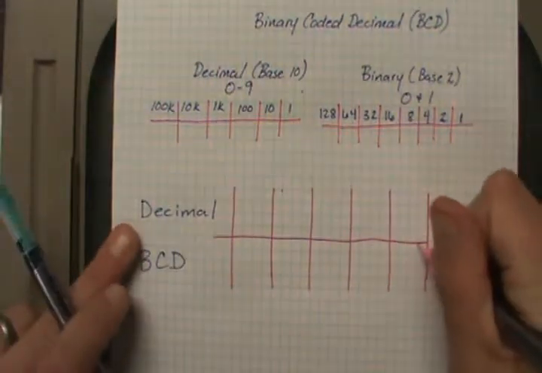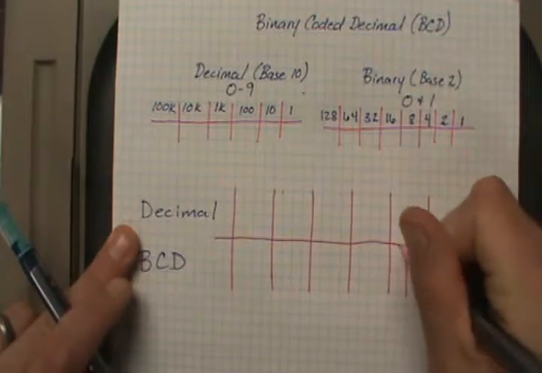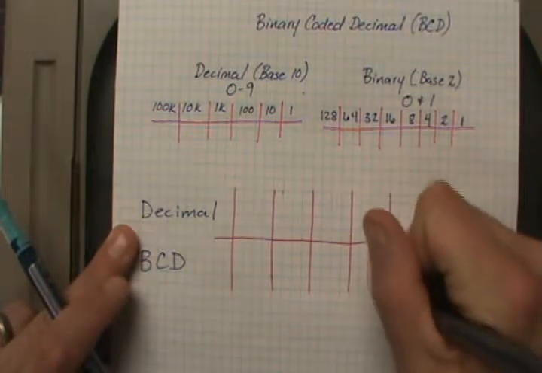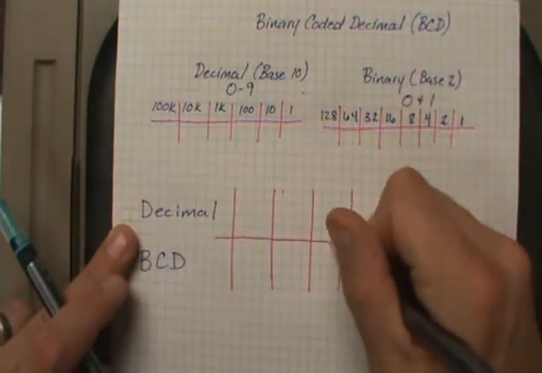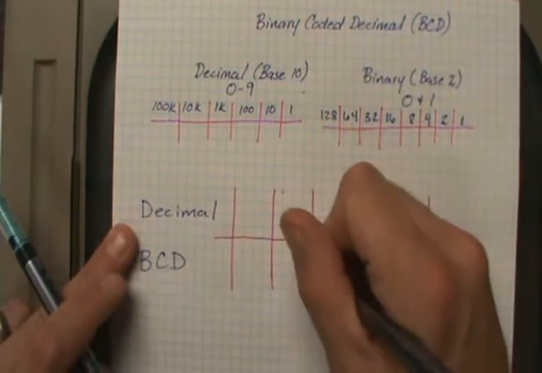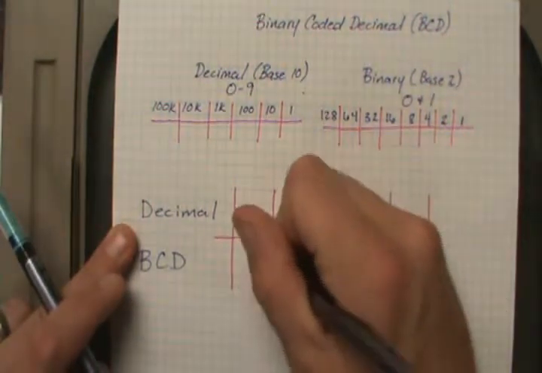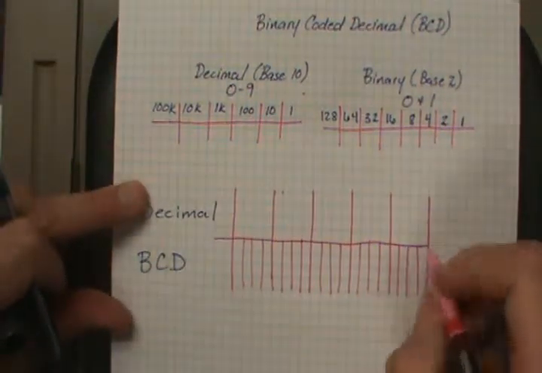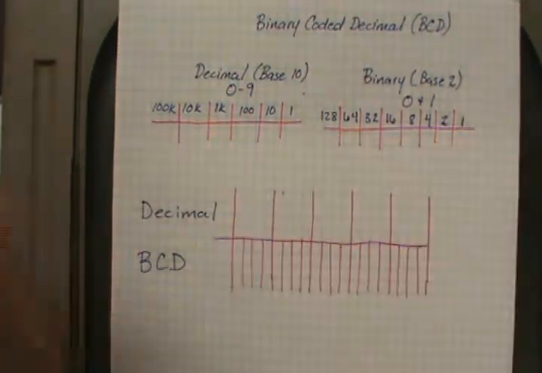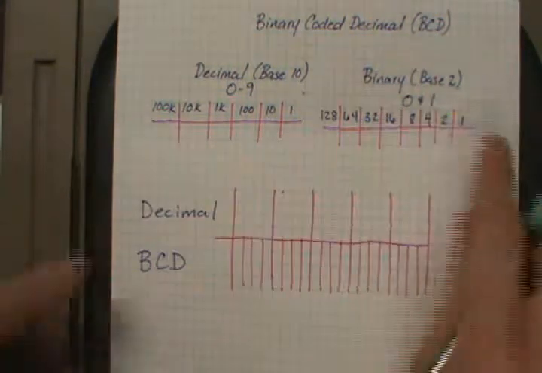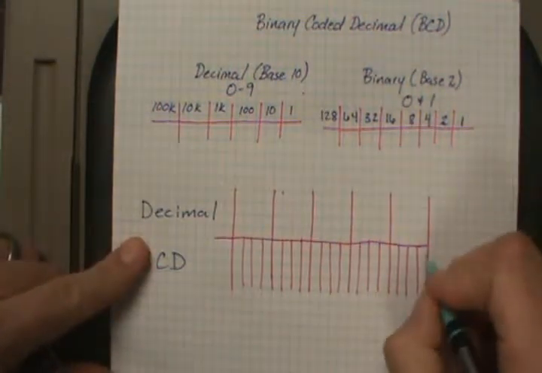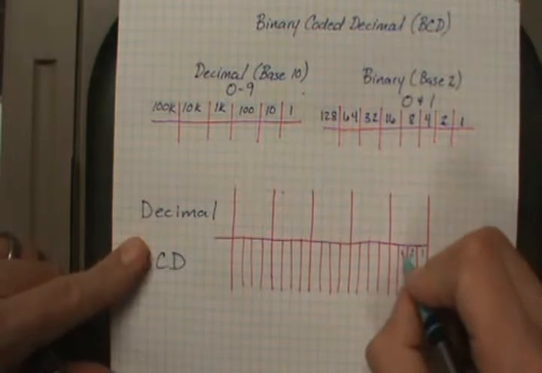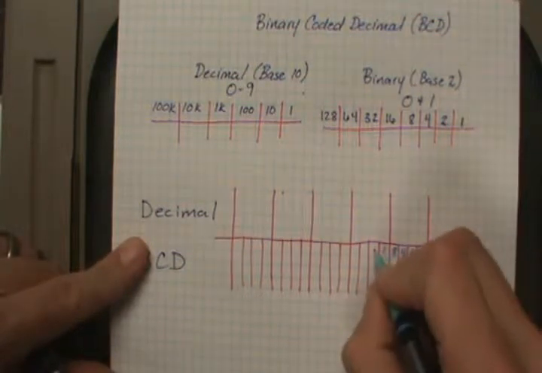So what we'll actually do is segment each one of these individually. For each one of these columns, it's going to carry that same binary outfit, just the first 4 bits: 1, 2, 4, and 8.